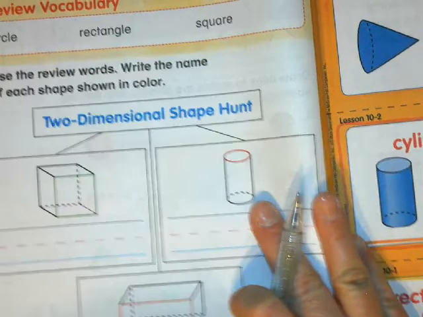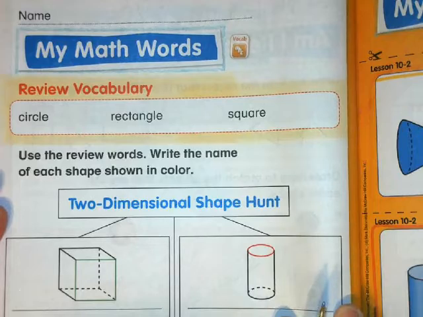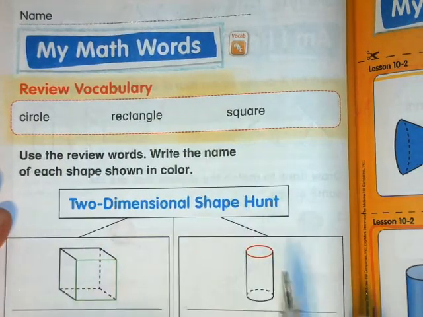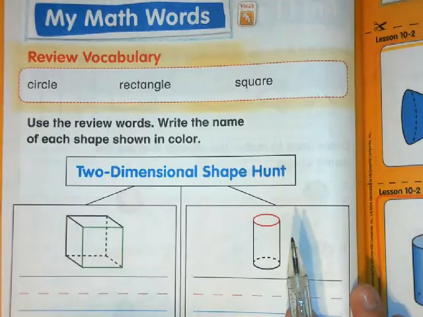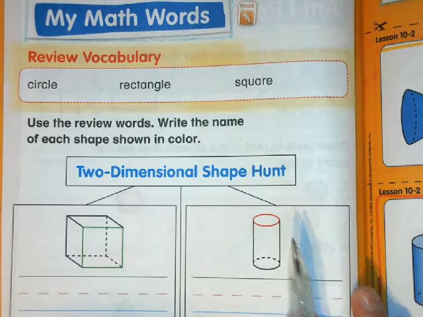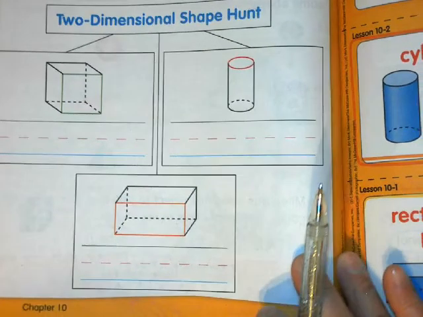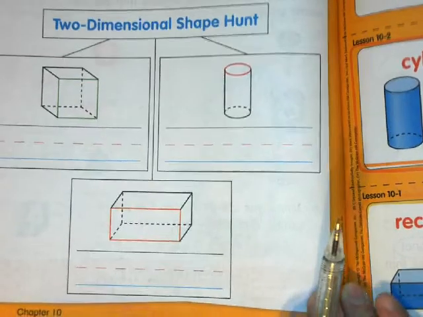Let's go to my math words. Okay, it says circle, rectangle, and square. Use the review words, write the name of each shape shown in color. Okay, so it says two-dimensional shape hunt.